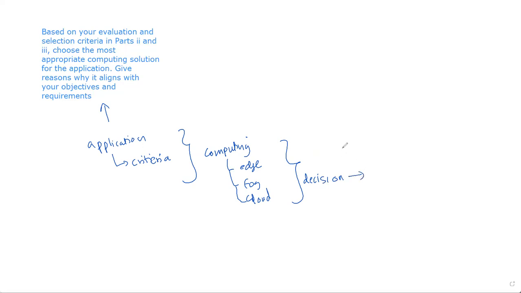You have selected certain criteria. So based on the application and the criteria that you have selected, you are going to select a certain computing solution. You need to select out of maybe edge computing, fog computing, and cloud computing. And based on the decision you have made, you need to justify how that decision will enable you to achieve the task that you are going to achieve. The task depends on your application.